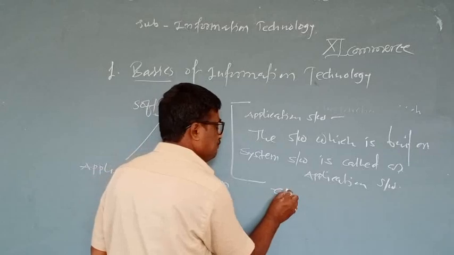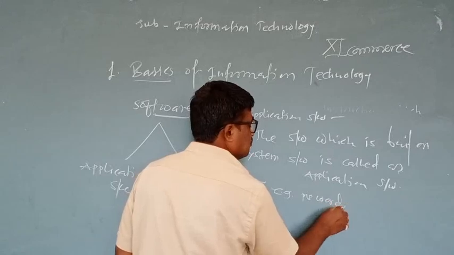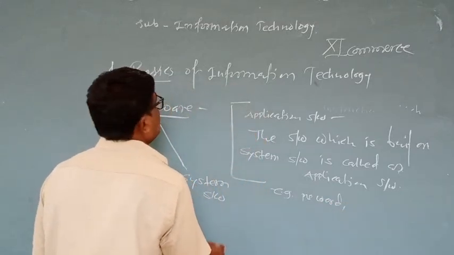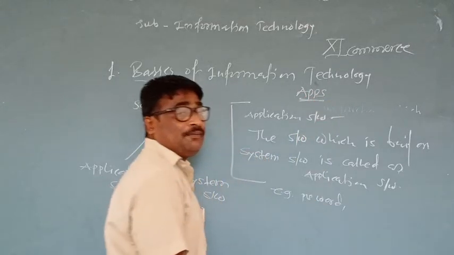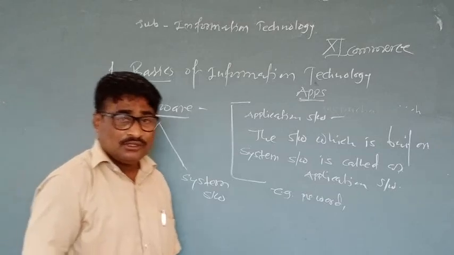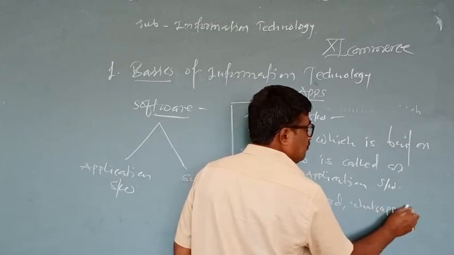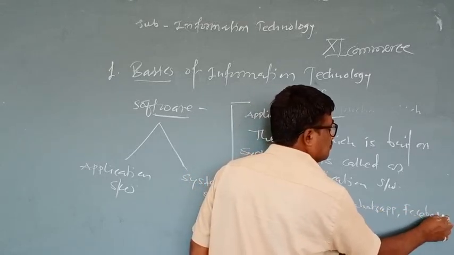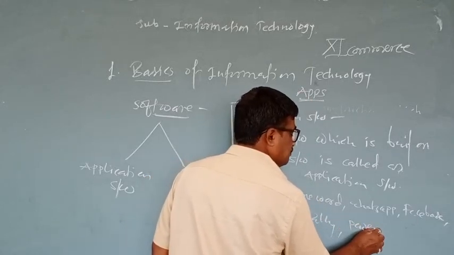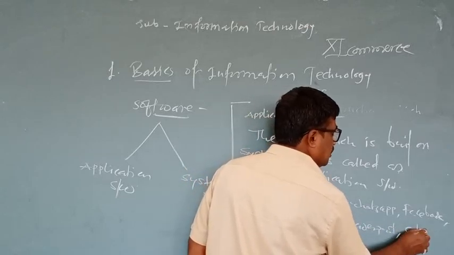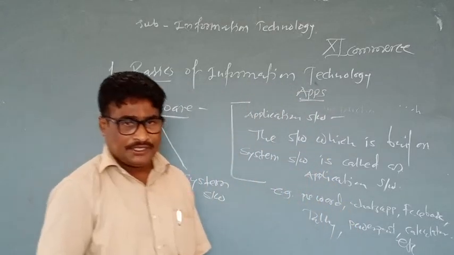For example, MS Word, any application. Application means simply apps. Mobile applications, for example, WhatsApp, Facebook, these are the applications. WhatsApp, Facebook, Tally, PowerPoint, calculator, etc. are called as application software.